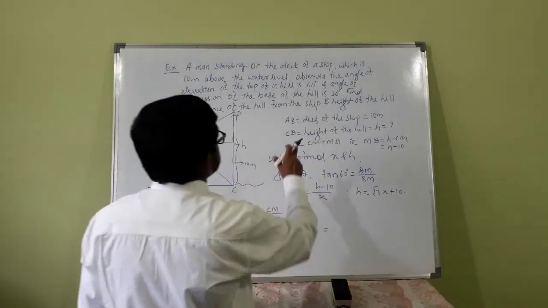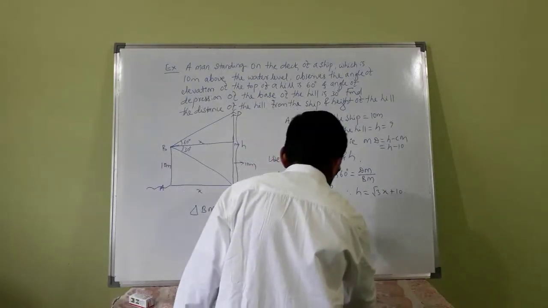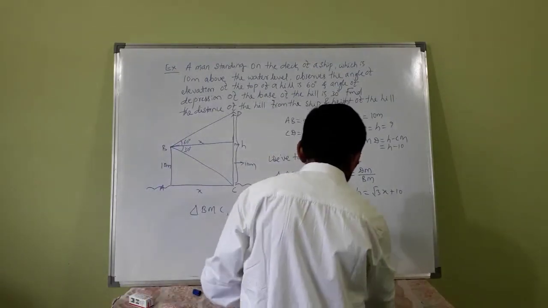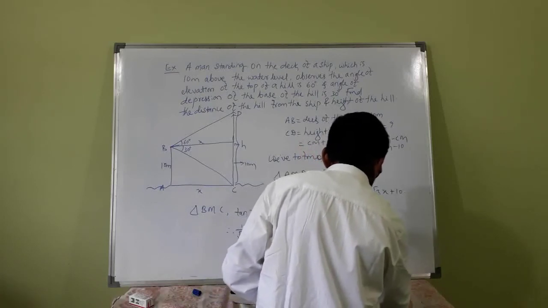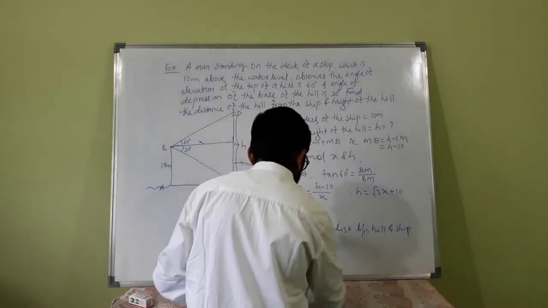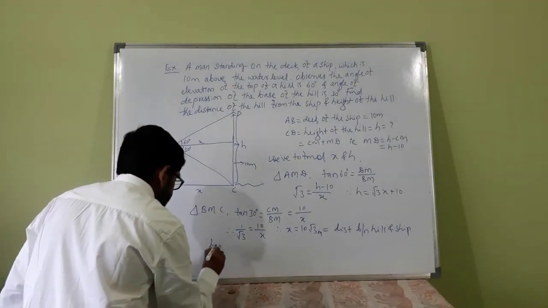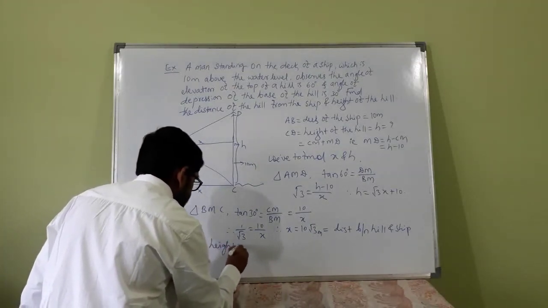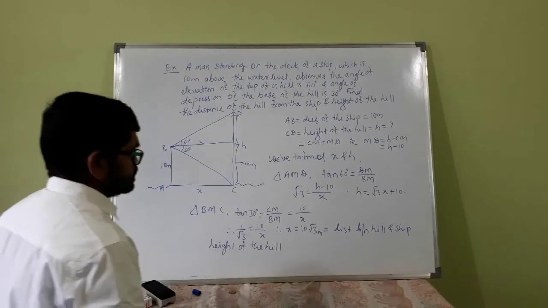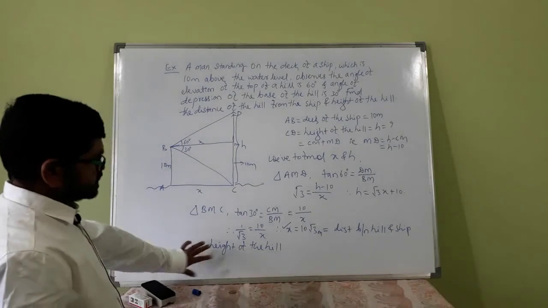X is the distance of the hill from the ship. The distance between hill and ship is 10 root 3 meters, and the height of the hill is, actually you have to write the answer finally, since space constraint is here.